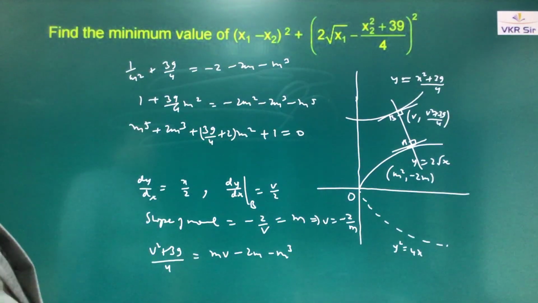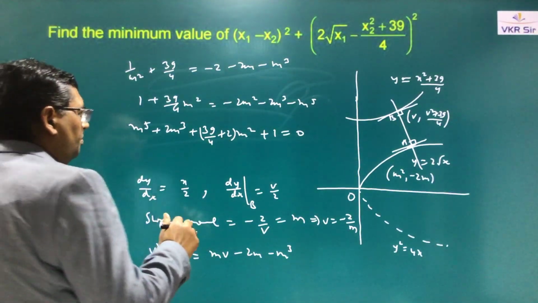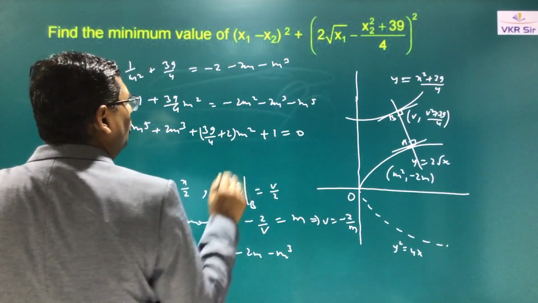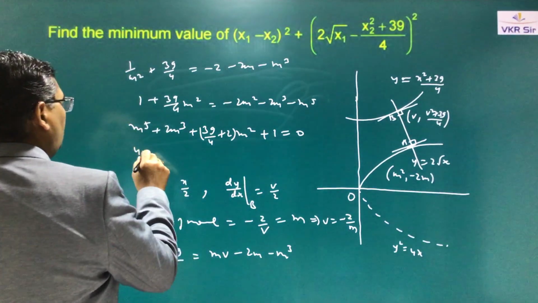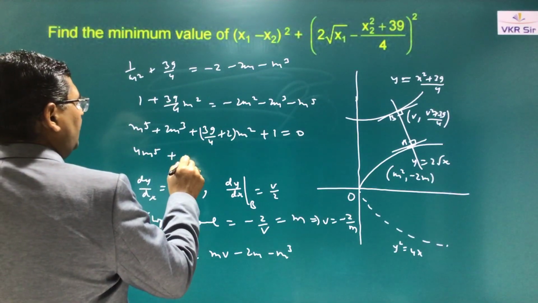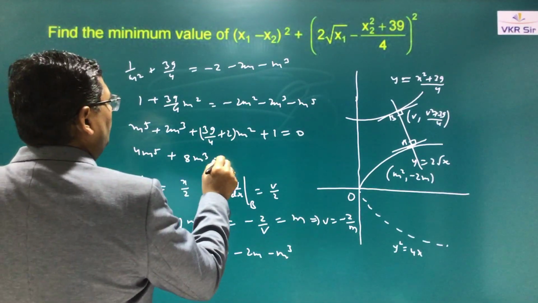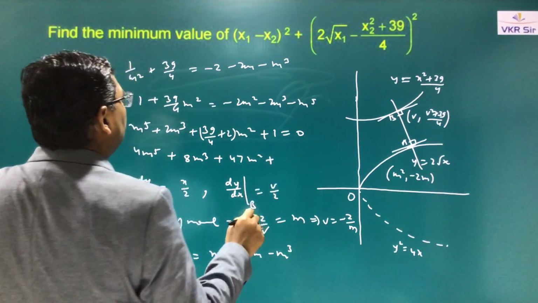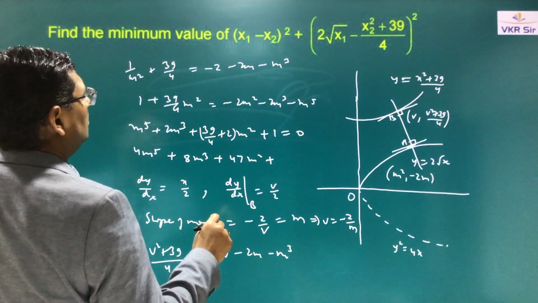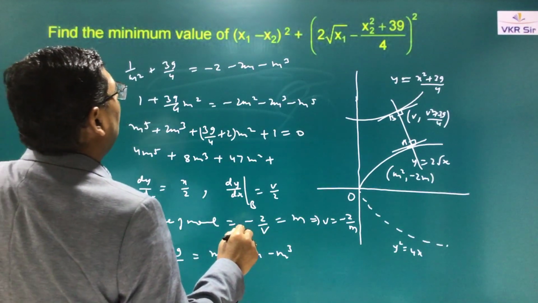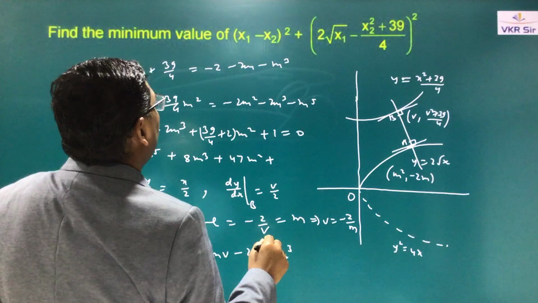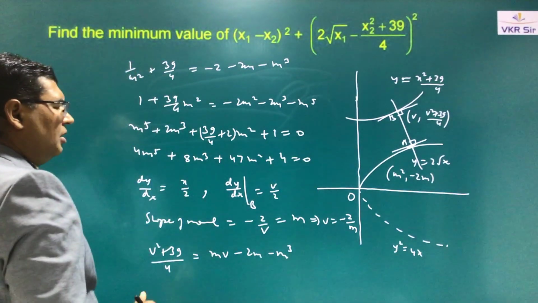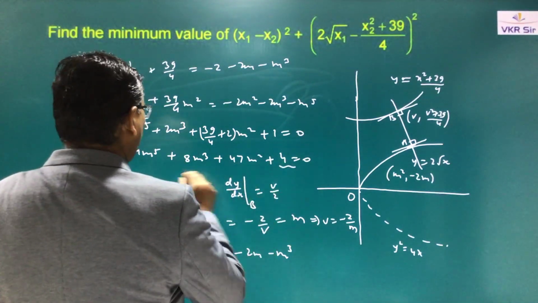Now, if you take LCM, you will see that the coefficient coming up is 4. It will become 4m5 plus 8m cube plus 47 m square plus 4 equal to 0. All right. So you try to find out roots using the factors here.